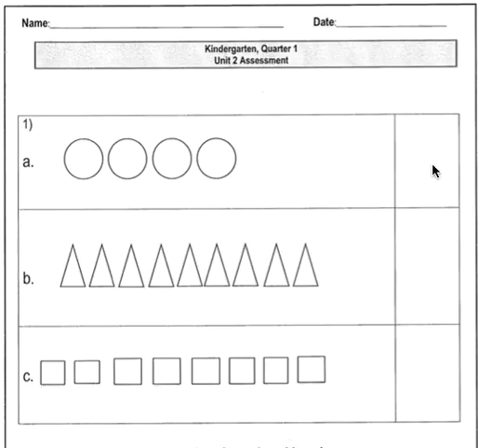Write the number in the box to show how many there are in all. Count, draw one more, count all of them, and write the number to show how many.